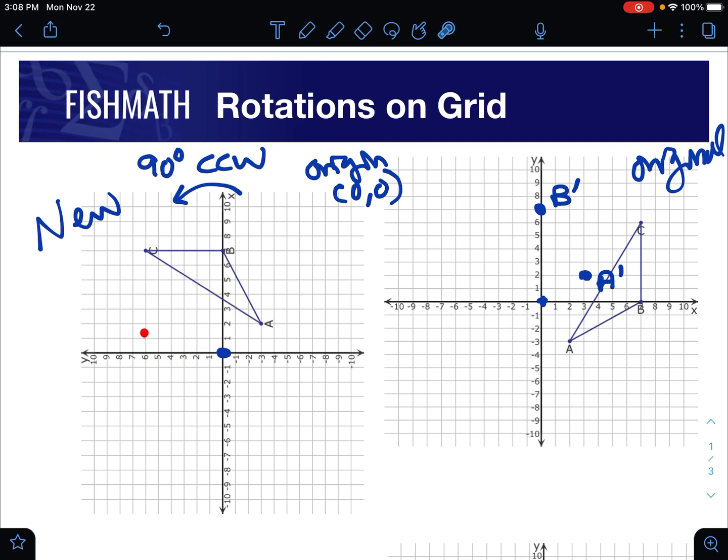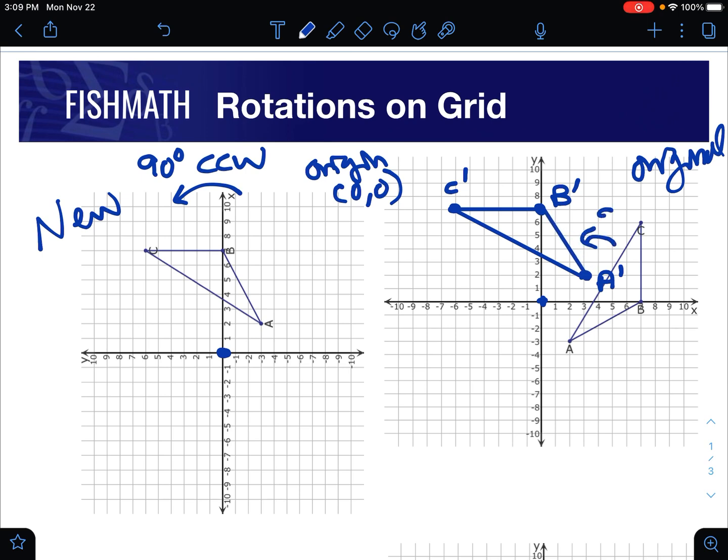I go left 6, up 7. So back in the original version, left 6, up 7, and my dot will go right here for C prime. And then to make the triangle, I'm just going to connect those 3, and that will show a 90 degree counterclockwise rotation. Sorry, I'm trying to draw this so they can look nice here.